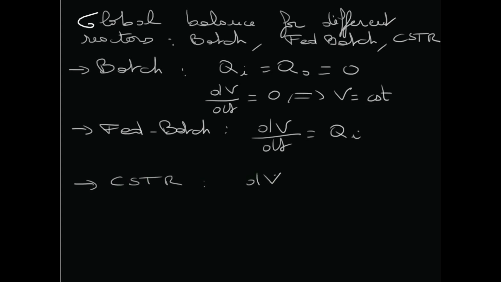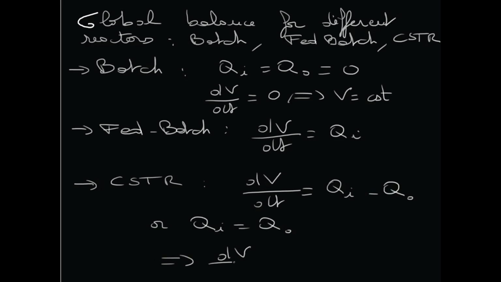For a CSTR, dV over dt is equal to Q in minus Q out. And because Q in is equal to Q out, dV over dt will be equal to 0. That means that the volume is constant, as for the batch.